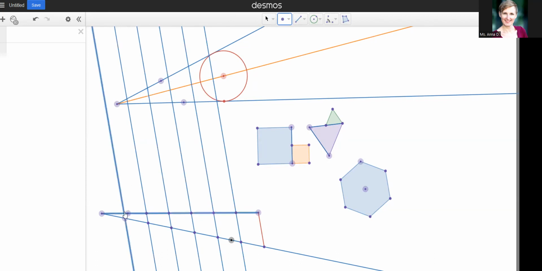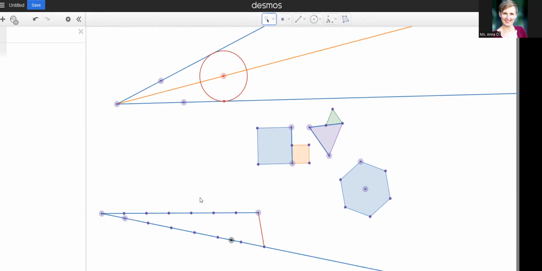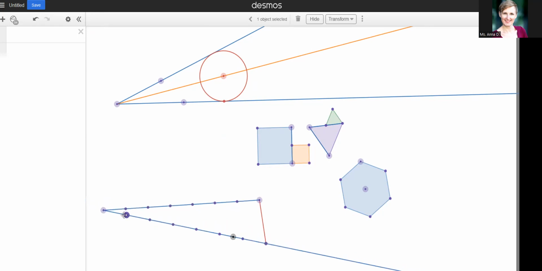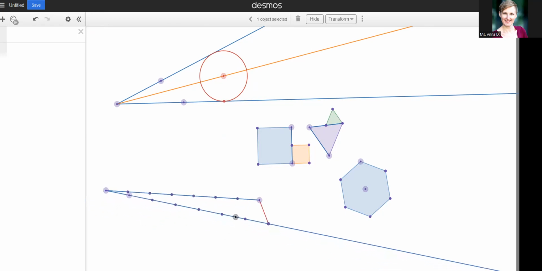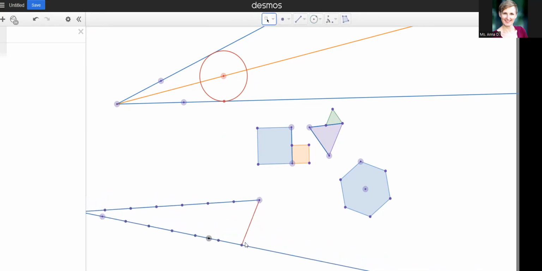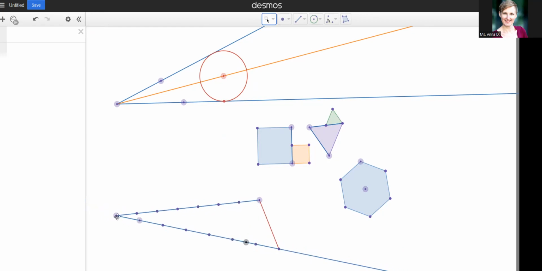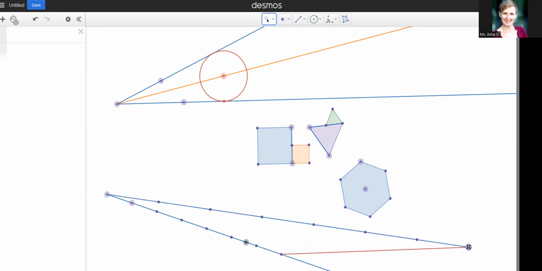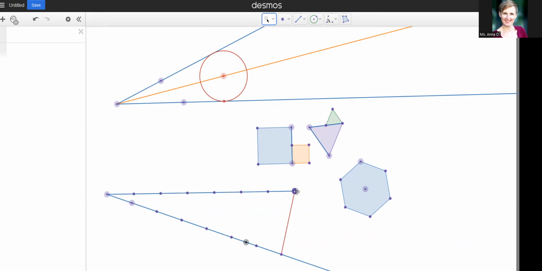Parallel lines for us, no longer needed. But because our lower ray had equal pieces cut, the upper ray will also have equal pieces cut.